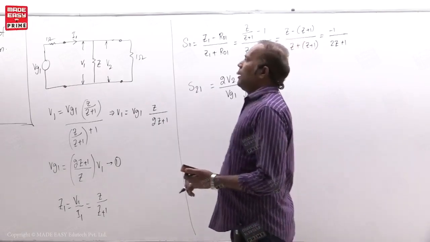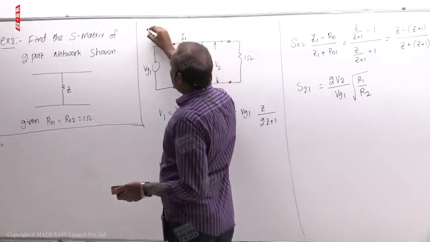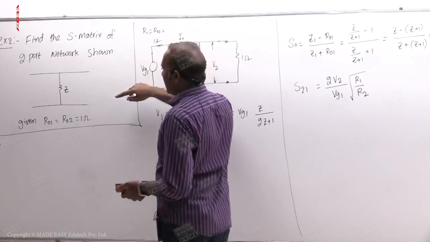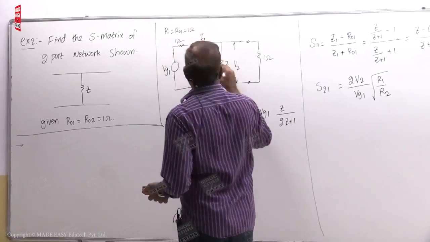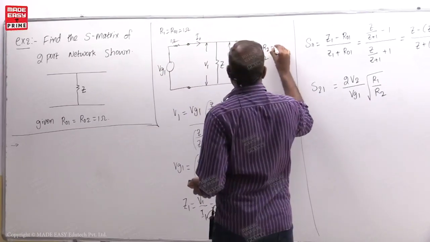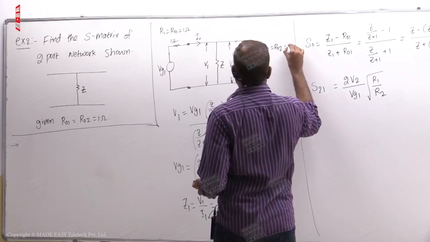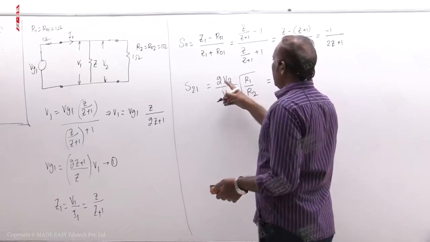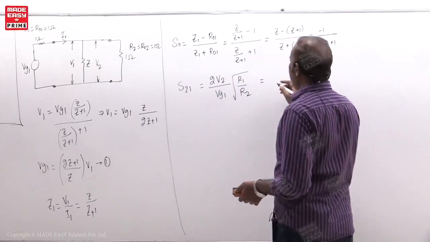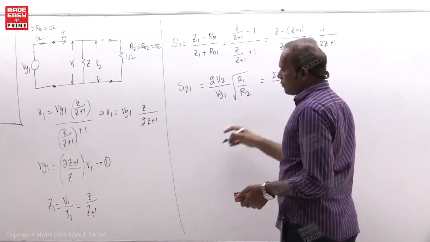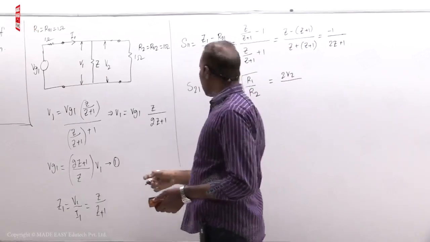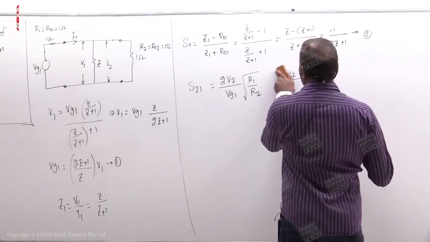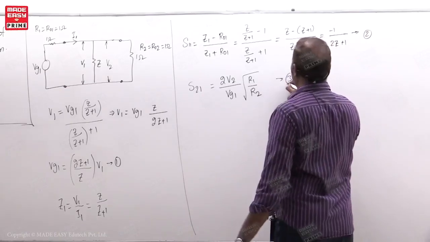So here I was telling you that R1 is equal to R01, that is taken as 1 ohm, and here R2 is equal to R02, that is taken as 1 ohm here, that is given in the question. So ultimately this is 2 times V2. What is Vg1? We gave the equation number, so let us say this is equation number 2. Now let us say this is equation number 3.